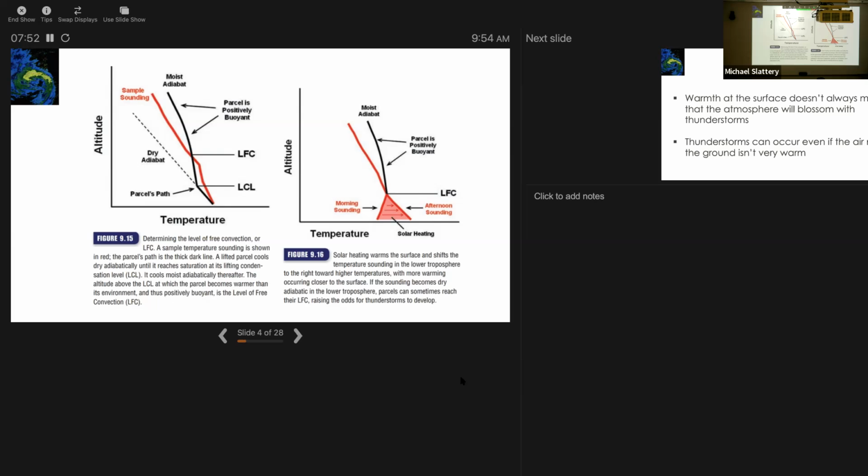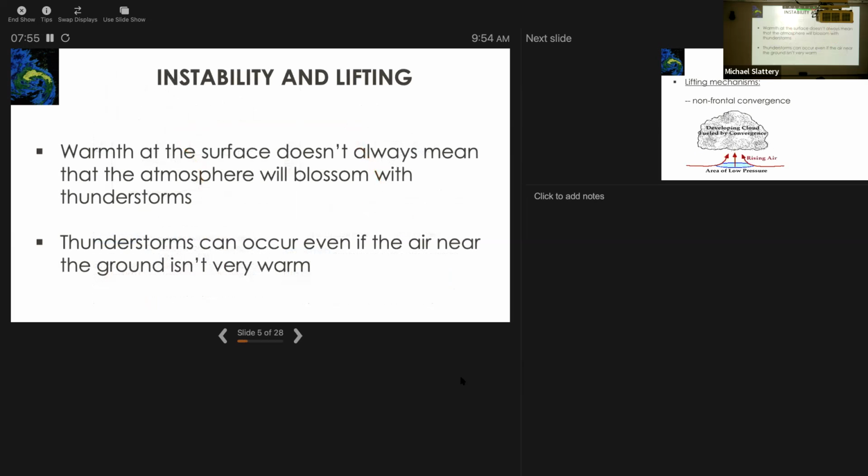However, having said that, we cannot just default and say, well, the only way we can get thunderstorms is to heat the ground, because heating the ground will destabilize the surface. Warmth at the surface does not always mean that the atmosphere will blossom with thunderstorms. You may have a warm, humid summer afternoon, right?